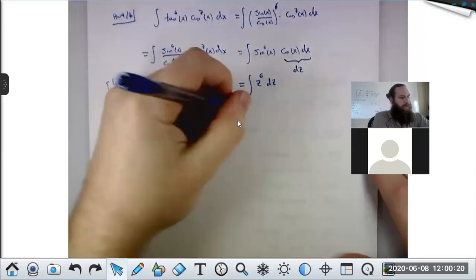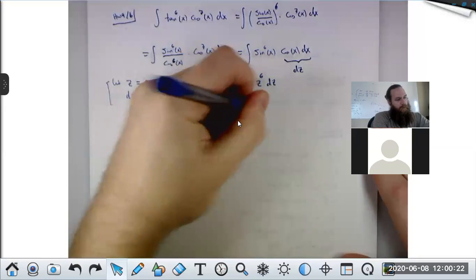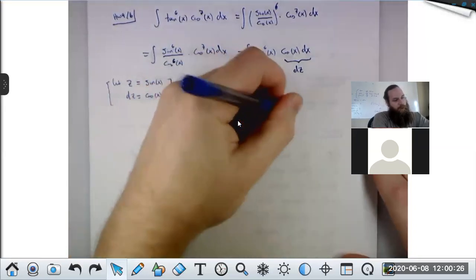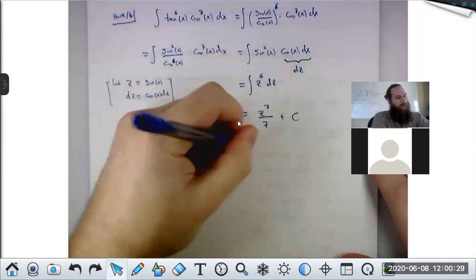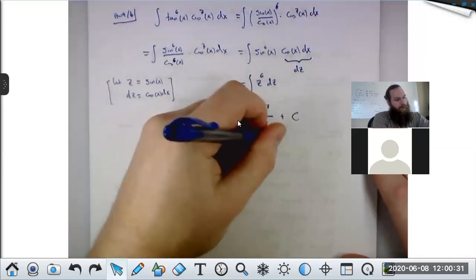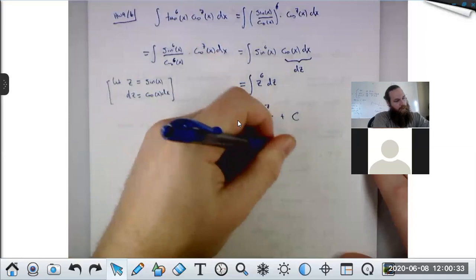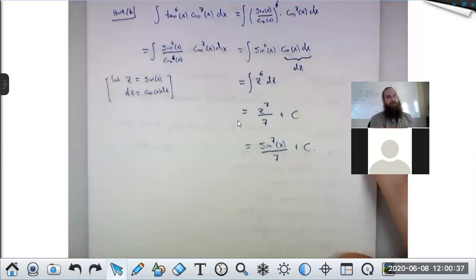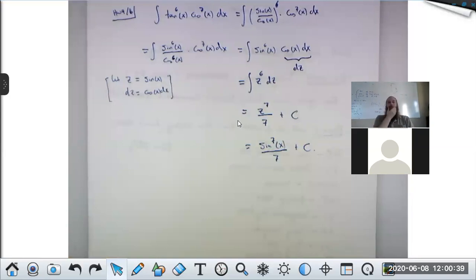So this is z to the 7 over 7 plus a constant. So that's the 7th power of the sine function over 7 plus a constant. Not too bad. Good warm-up problem, though.